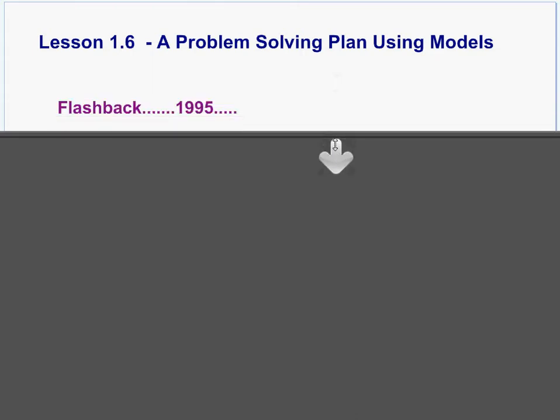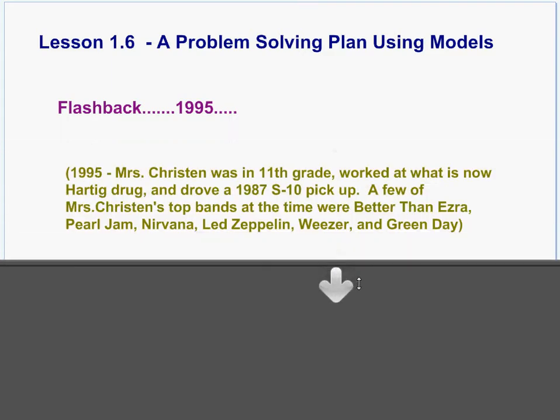So think about Wayne's World. We're flashbacking here. All right, I am in 11th grade. I worked at what is now Hardig Drug uptown. At the time, it was Fenn's Drugstore. I drove a 1987 S10 pickup truck. A few of the top bands at the time were Better Than Ezra, Pearl Jam, Nirvana, Led Zeppelin, Weezer, and Green Day.